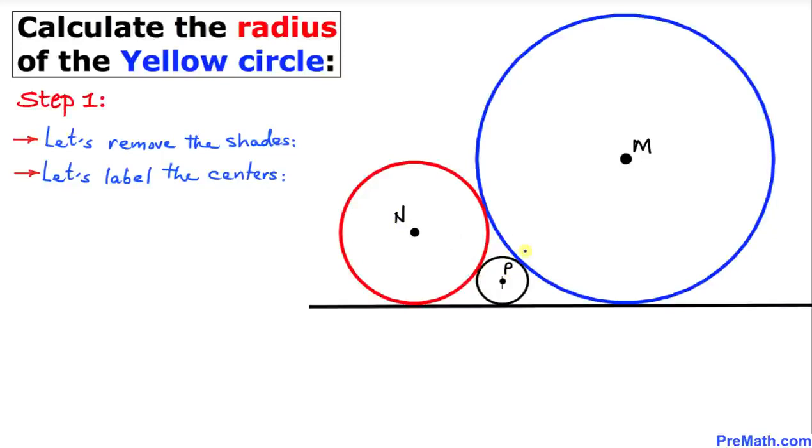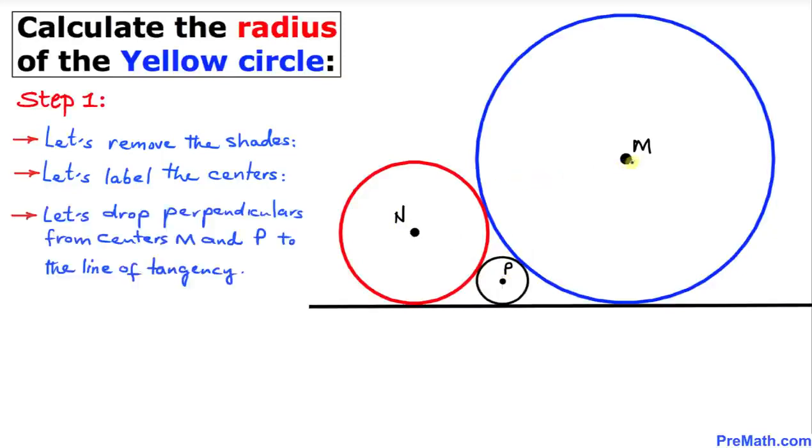And now let's go ahead and drop these perpendiculars from this point M to this line of tangency, and likewise from this point P to this line of tangency. Since these are perpendiculars, this angle is going to be 90 degrees and this angle is going to be 90 degrees.